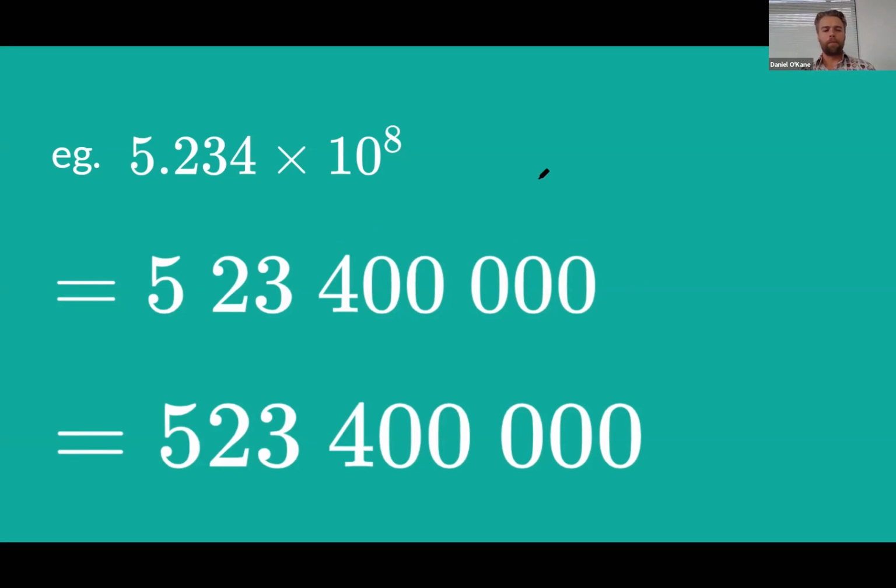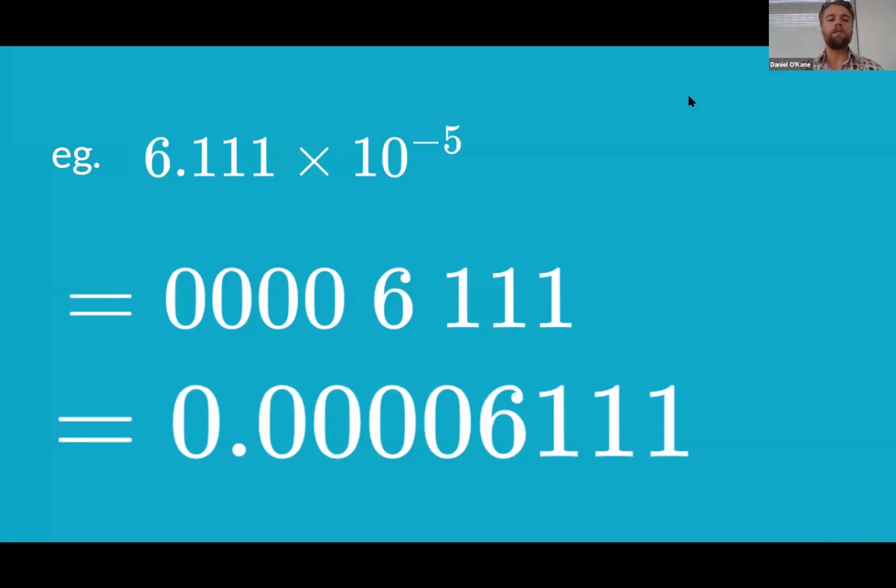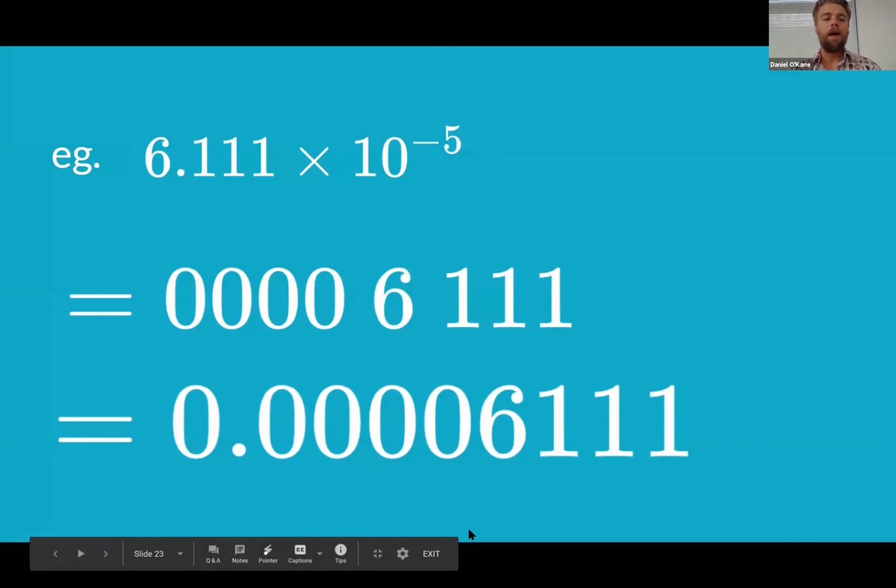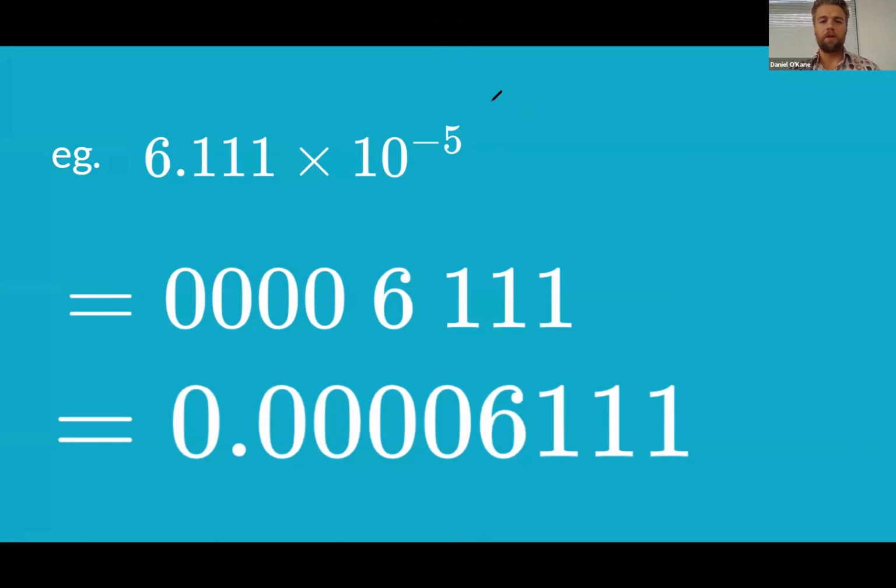Okay, let's keep going. Now looking at this number, 6.111 times 10 to the negative 5. How do we convert this number in scientific notation to a standard number? So the decimal point was here. And according to that rule I mentioned before, if it's negative, you want to then jump that decimal point backwards 5 times. 1, 2, 3, 4, 5.